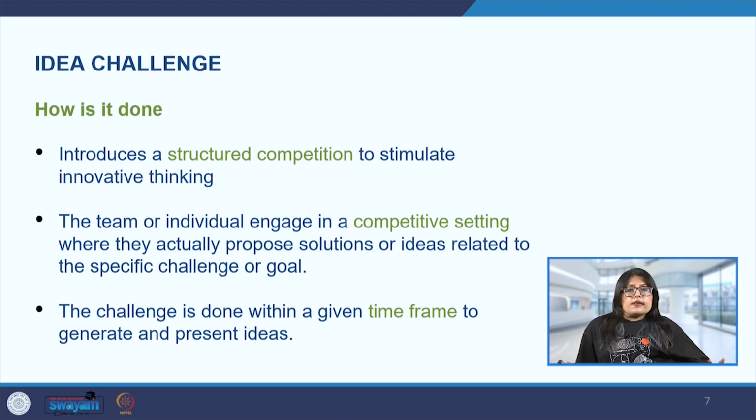So let us assume that there is a facilitator who has introduced a problem to different teams or individuals, however it may be, and the challenge here is to design a solution to reduce the use of single-use plastic in common consumer products. So this could be in terms of packaging, or it could be in terms of utensils or any other area where the plastic is used and it is a one-time use.